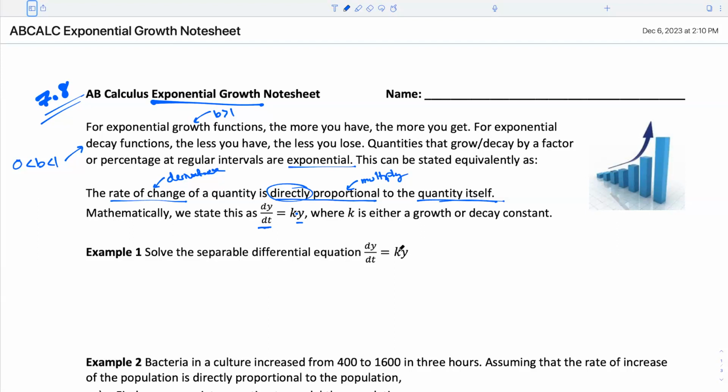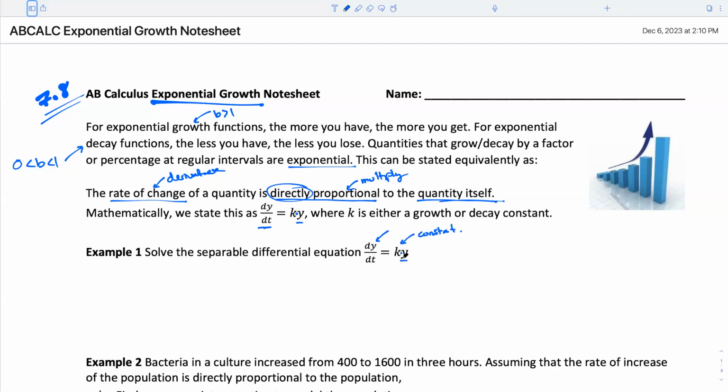So dy/dt, this is basically saying that the rate of change, which is the derivative of y, right, is directly proportional to y.